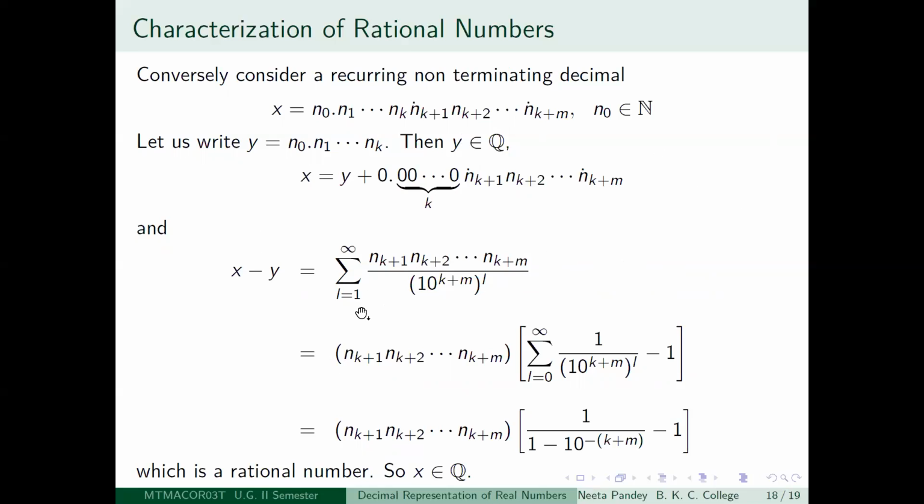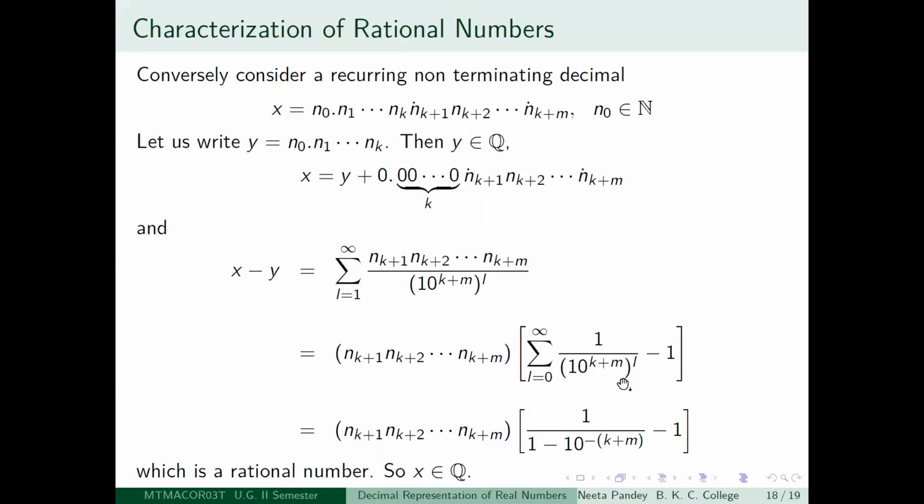So use the similar argument which I had mentioned earlier. You just take out nk plus 1, nk plus 2, etc. nk plus m. This is a number now. This is not multiplication. This is just a number. So take this number common outside this series. So you will be left with summation L equal to 0 to infinity of 1 by 10 to the power k plus m whole to the power L, minus 1.